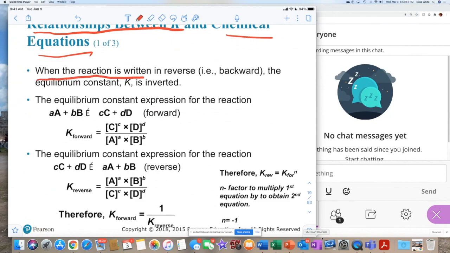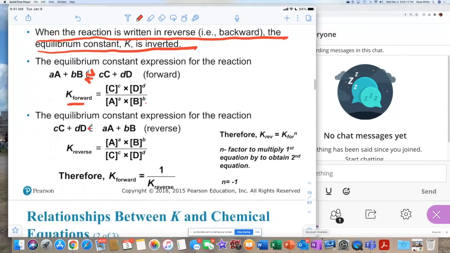Okay, we're going to work on this one here. When the reaction is written in reverse, backward, the equilibrium constant is inverted. Let's see how this is true. This right here is a chemical equation that is reversible. They're showing us if you write the law of mass action, or the equilibrium expression, for the forward reaction, it looks like this. If you write the equilibrium expression of the reverse reaction, it looks like this.